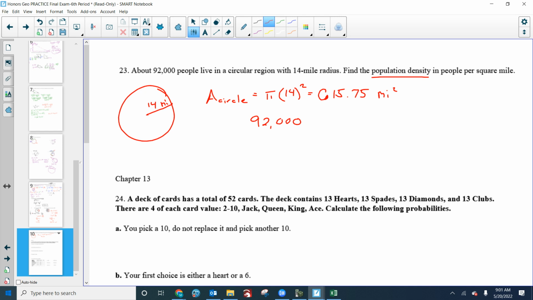You're going to let the units tell you how to set it up. Aren't the units people per square mile? That means divide. If it's miles per hour, and you want to find out how fast you traveled on a trip, you take the miles divided by the hours. For people per square mile, are we going to take the people divided by the square miles?